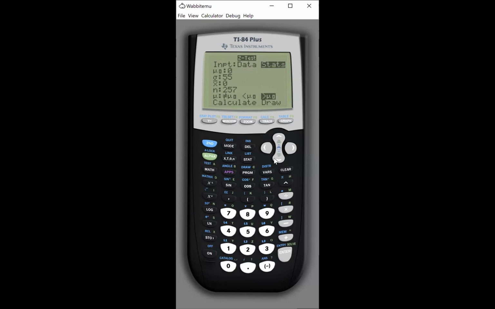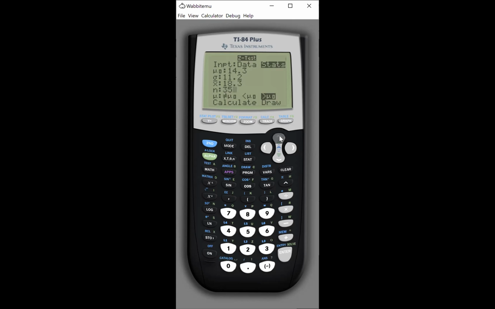So mu will be 14.3. Sigma is 11.2. X bar is 18.37. n is 35.